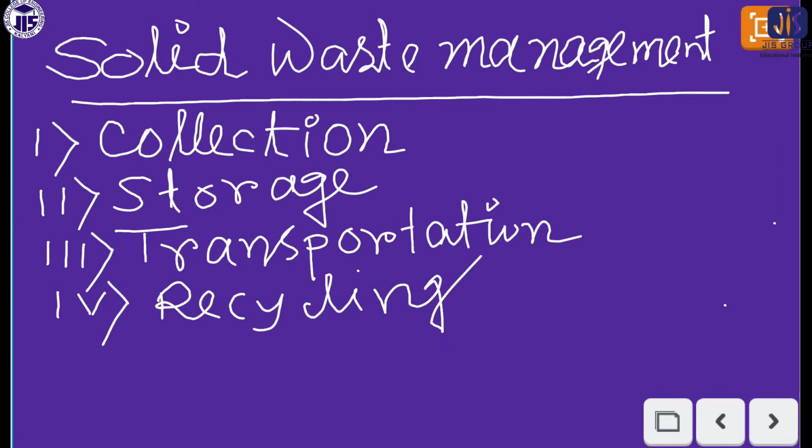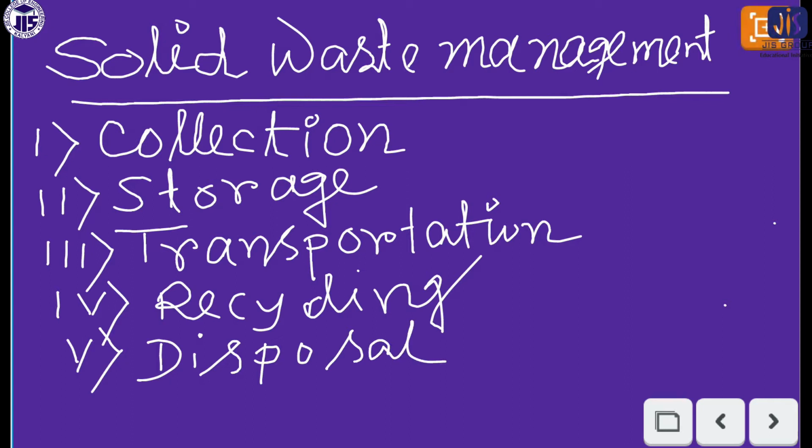And the last step of solid waste management is disposal, which means we finally destroy the solid waste. So these are the 5 steps which we have to follow. This step-by-step process is followed in our society today, and only if we follow every process can we control the generation of solid waste properly.